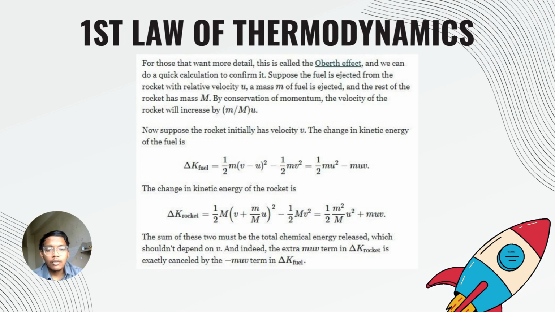Thus, the sum of these two must be the total chemical energy release, which should not depend on v. Indeed, the extra muv term in the change in kinetic energy of the rocket is exactly cancelled by the negative muv term in the change in kinetic energy of the fuel. So, it shows that rocket propulsion follows the first law of thermodynamics.